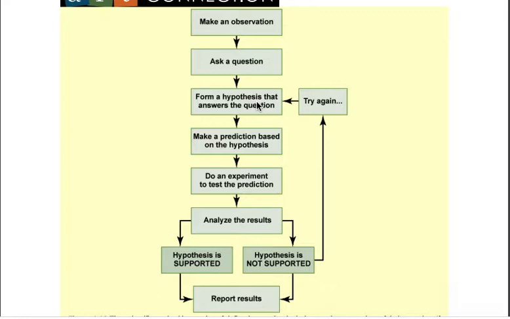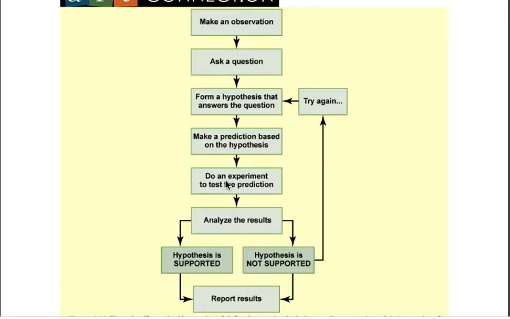So after a hypothesis is done, then you make a prediction based on your hypothesis. So the prediction is basically the outcome that you expect to get. It's basically your guess at the end outcome of the experiment.